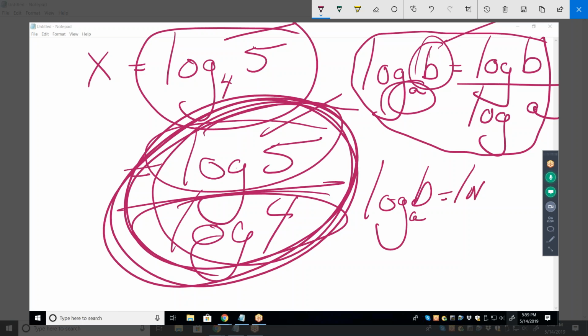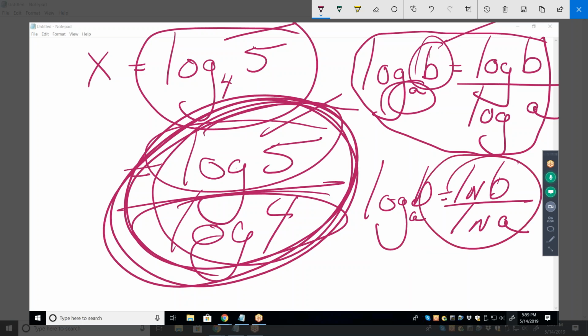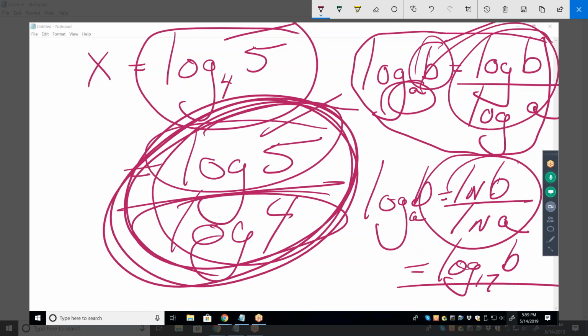It's also this ratio. If you put that into your calculator, you'll get the same exact thing as if you put that into your calculator. It's also true, I can use any base I want. I can use base 17 if I want. In other words, all three of these ratios are the same.